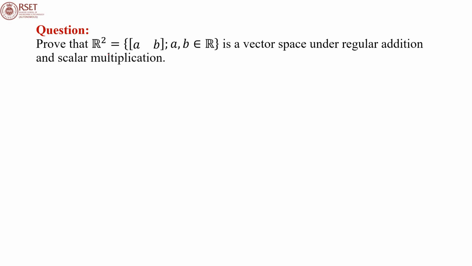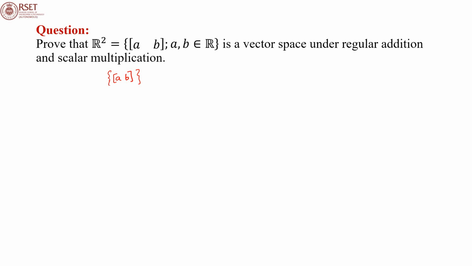So the set of all elements we consider here are of the form (a, b), where a and b are real numbers. The binary operation we consider here is regular addition of matrices, and the regular scalar multiplication is the second operation we consider here. Now let us try to prove it.